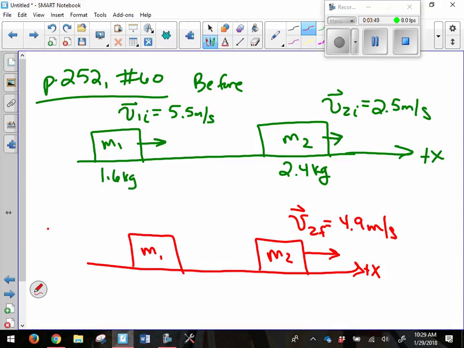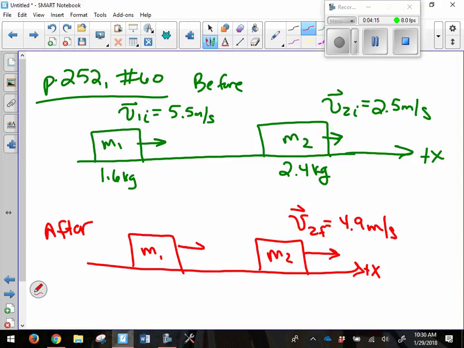And this is my after. And part A asks me, what happens to block 1? Which direction is it moving in, and what's its speed? Or we could really just ask, what's its velocity?